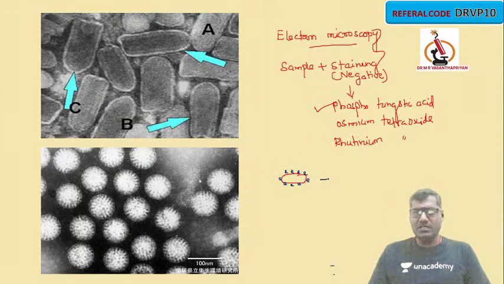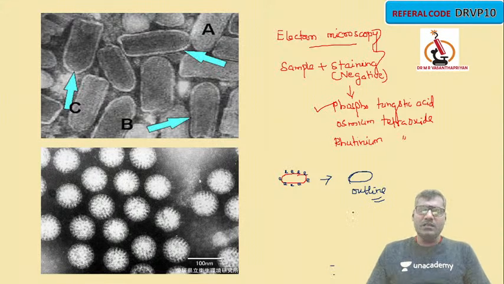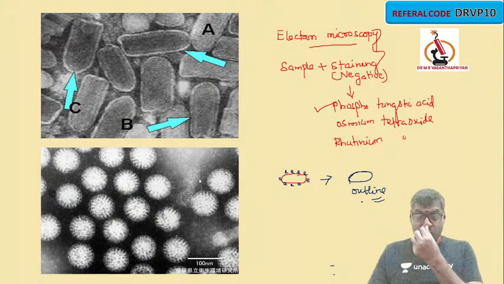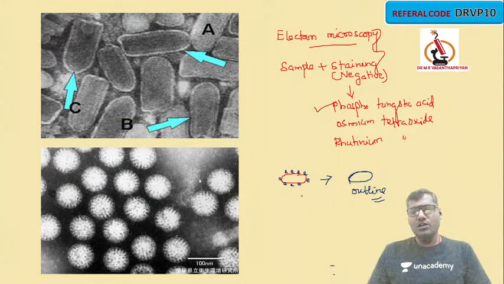So we can have the outline of only the morphology, that is the outer layer. Because the electrons are not taken into the cells, they do not bind specifically with the cell organelles. The internal structures may not be demonstrated by electron microscopy; only the outline of the microbial agents is demonstrated.